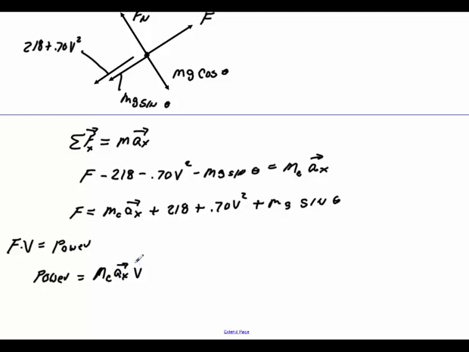We'll make it a velocity vector because it's going up, plus 218 times v going up plus 0.70 v cubed. And again, I'll show that as a vector only because it is a velocity, it's going up, plus m gravity times v times the sine of theta. And that's how we'd get our power equation.